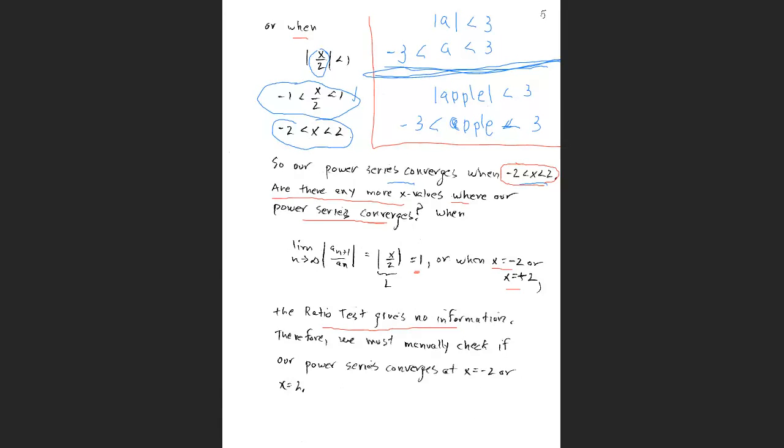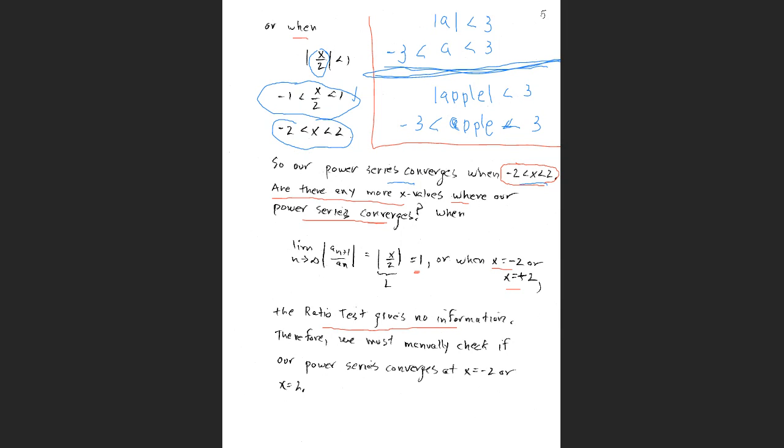So you see, what we're doing is we're trying to look at the entire number line of x's, all the x values from -infinity to infinity, and pick out the x values over which this power series converges. Well, the power series converges when x is between -2 and 2, and would diverge if x is greater than 2 or x is less than -2.